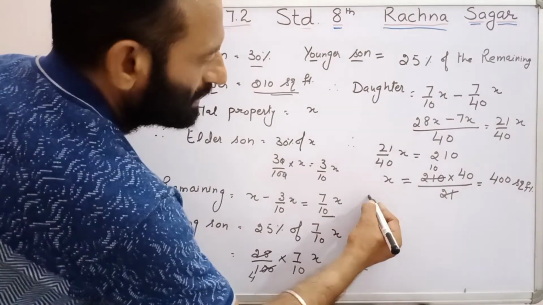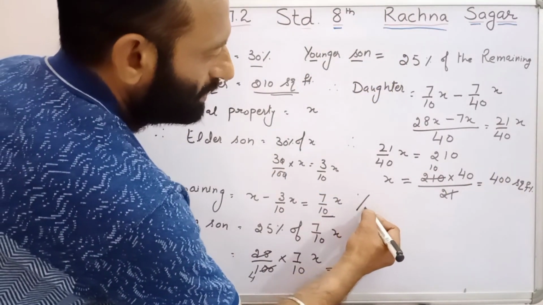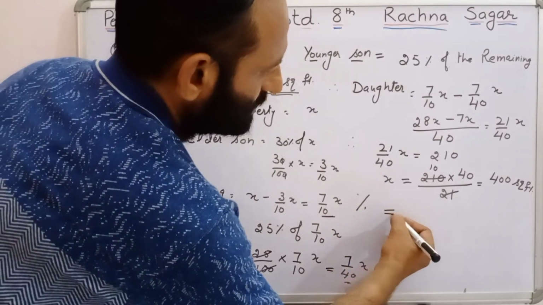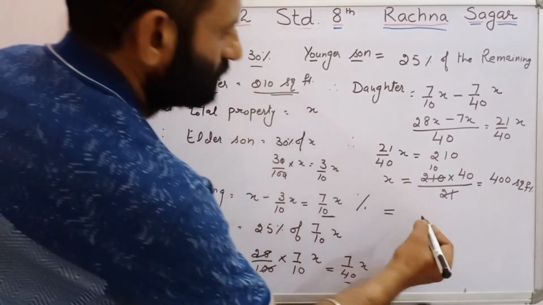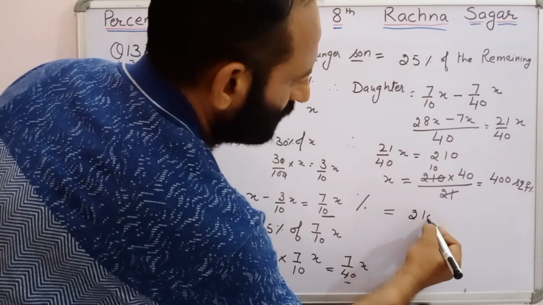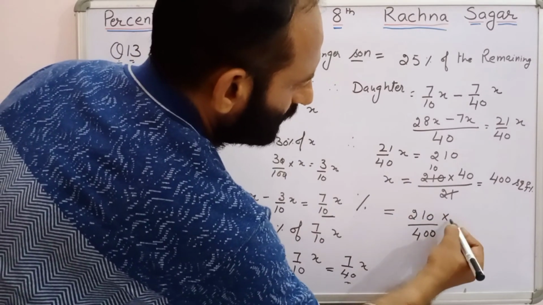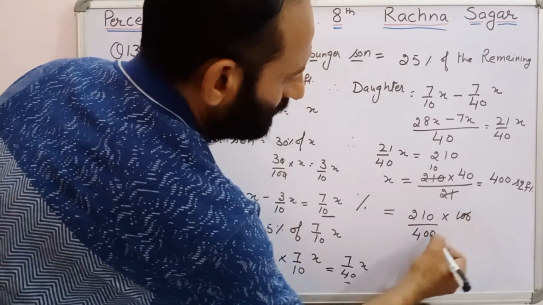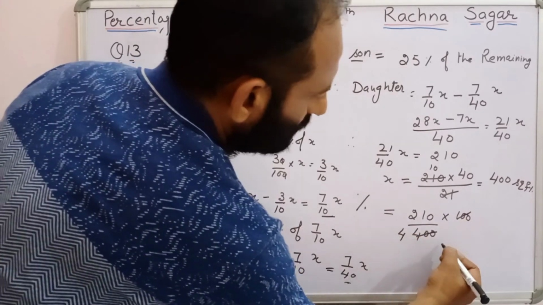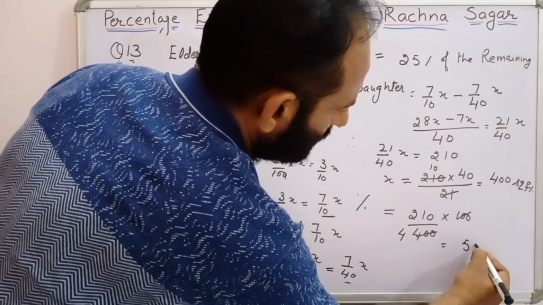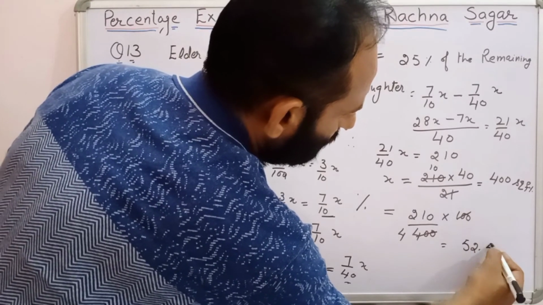Now percentage of the property received by daughter is property received by daughter 210 over total property 400 multiplied by 100, and it comes out to be 52.5%.